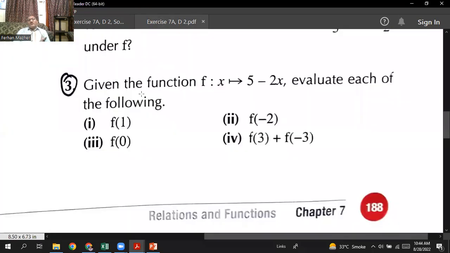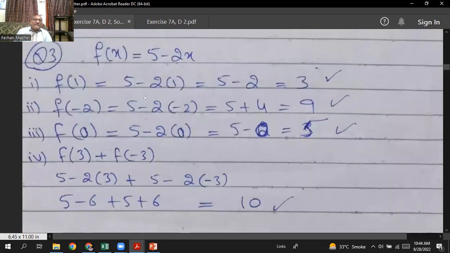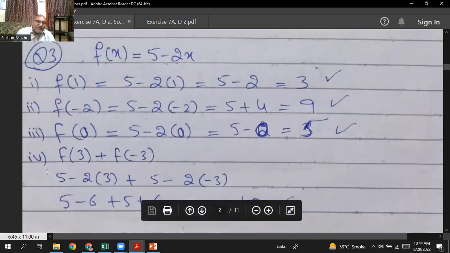The fourth part of question number 3 is f of 3 plus f of minus 3, and we have to find this value. So f of 3 in the formula 5 minus 2x, I will put the 3, and then plus, in the formula again I will put minus 3.